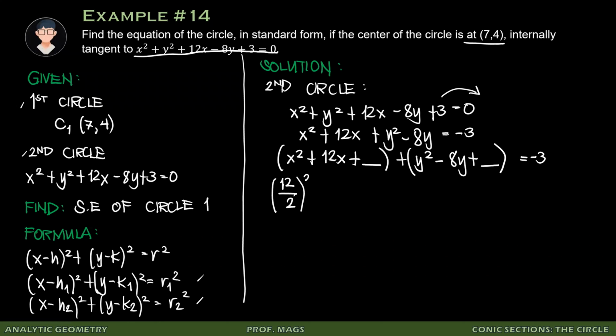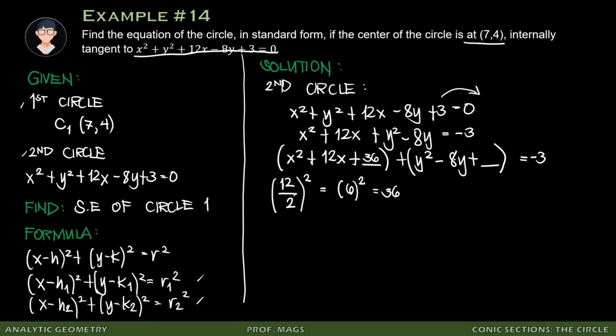Then we square it. Okay? Then we're just going to solve for the lowest term of this. So what is the lowest term of 12 divided by 2? That is 6, right? Square. Then what is 6 squared? 36. So we write 36 here.